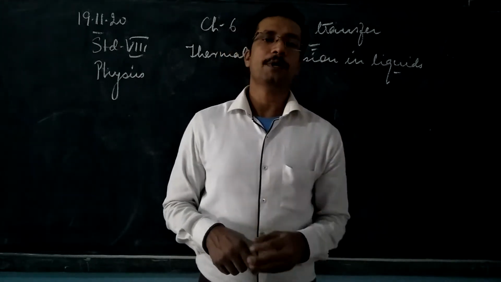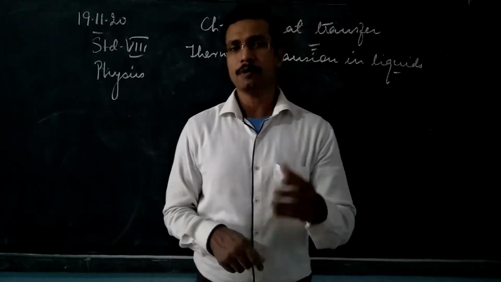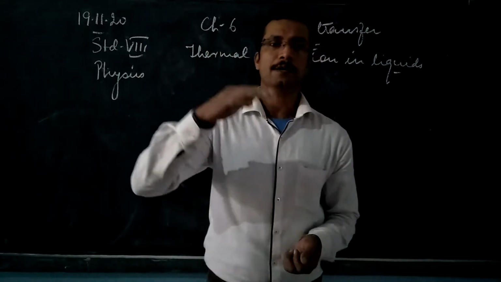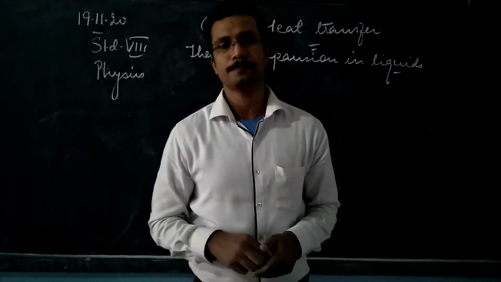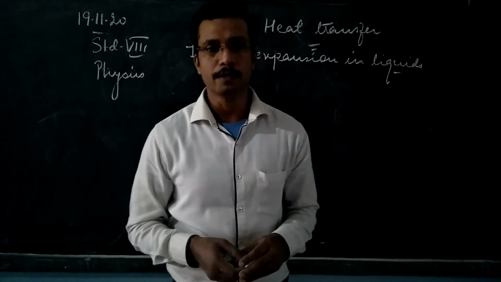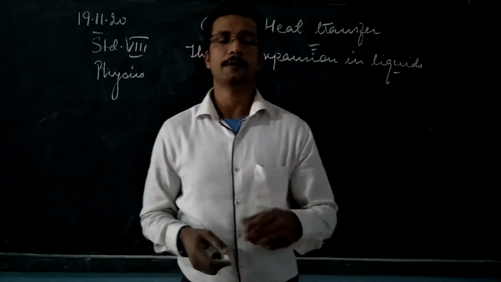A very good example of the expansion in liquid, what we can notice is the rise in the mercury level in the thermometer when it is heated. Where do we use a thermometer? To measure the body temperature.